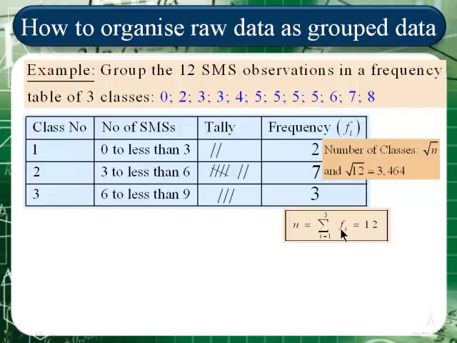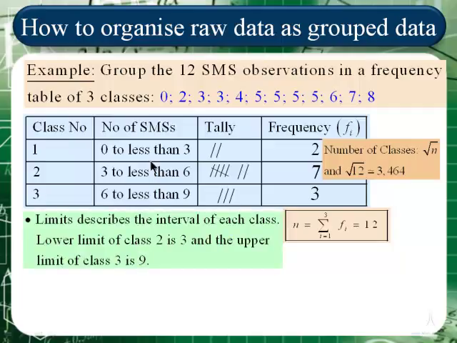If i is 2, we have f2, so in other words the frequency of the 2nd class is 7, and f3 is equal to 3. So this is the sum of all the frequencies of the classes. If I expand this, it really means f1 plus f2 plus f3, and that clearly is 12. And this is the sample size.